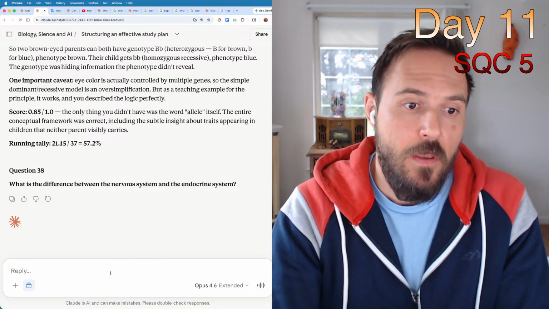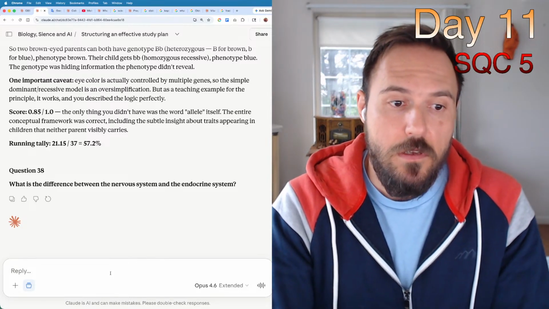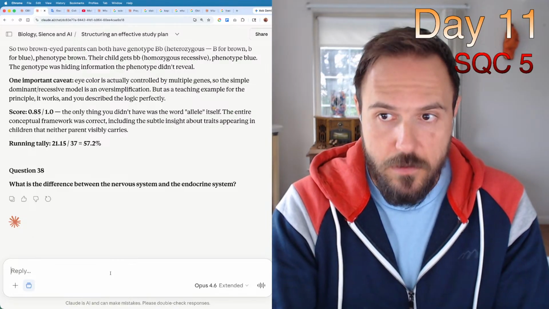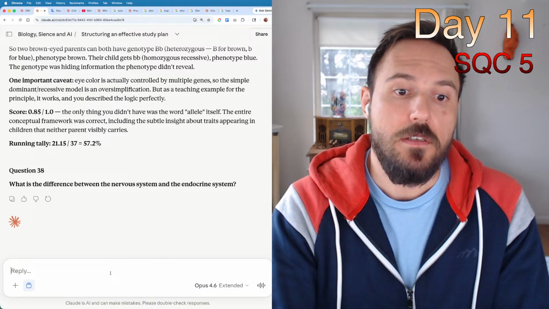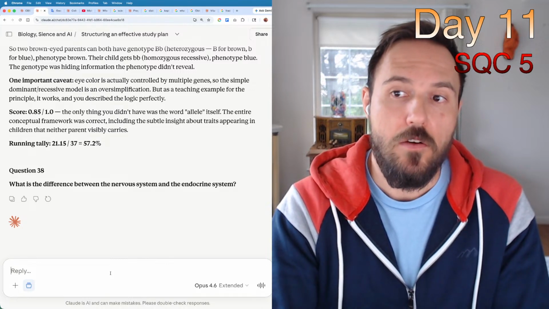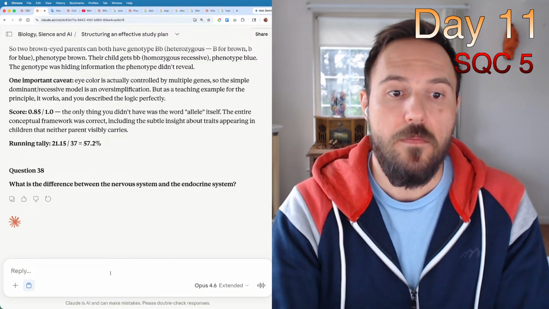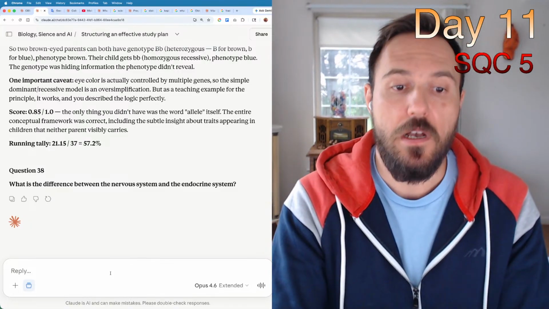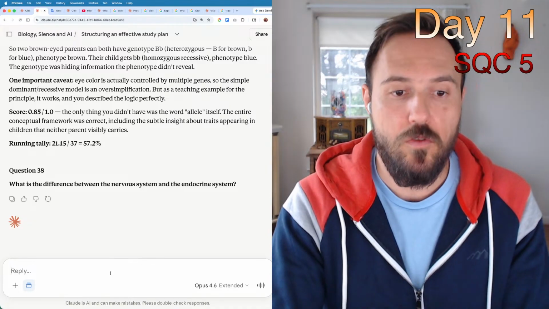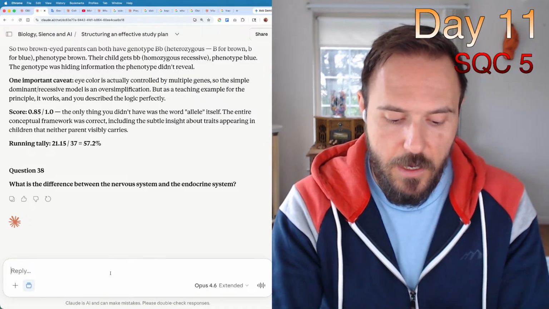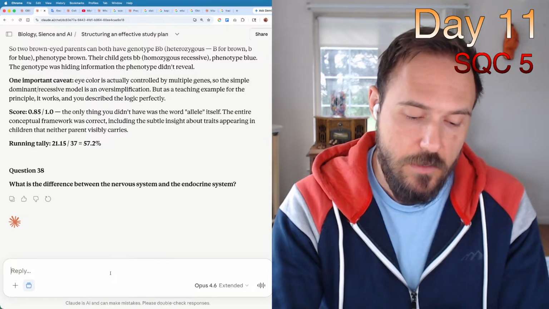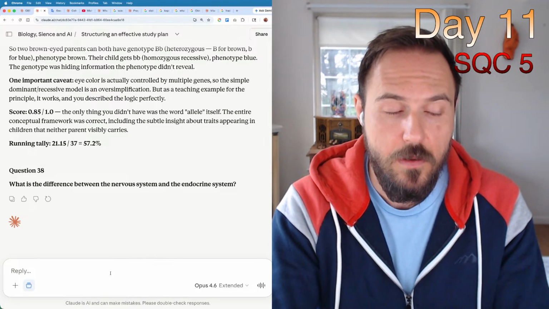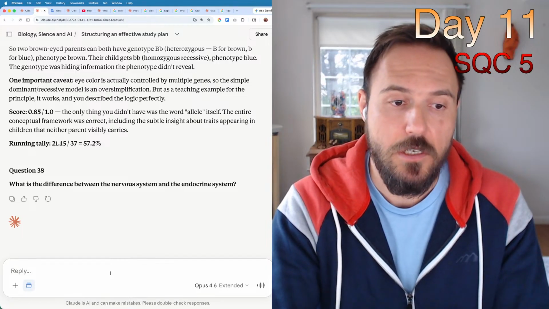But the nervous system does it through electrical signals, only utilizing neurons, versus the endocrine system using hormones and the amount of those hormones in the bloodstream as a signal for the rest of the body to do certain things. So both pass information, it's just a different way.